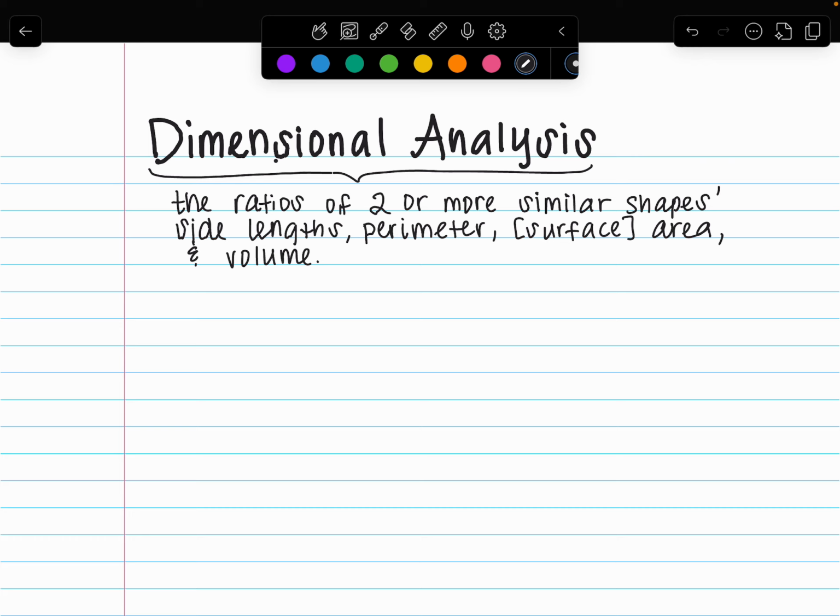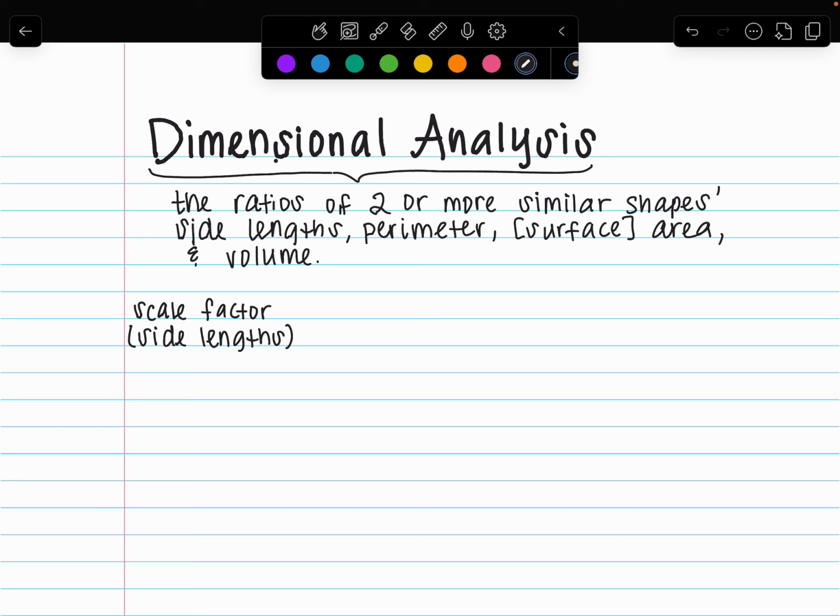Okay, so we're going to start by looking at the relationship between two similar figures. We're going to start with the scale factor. The scale factor will be the ratio of the side lengths. So I'll just put side lengths in parentheses.